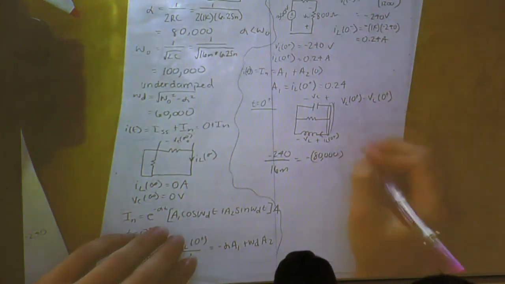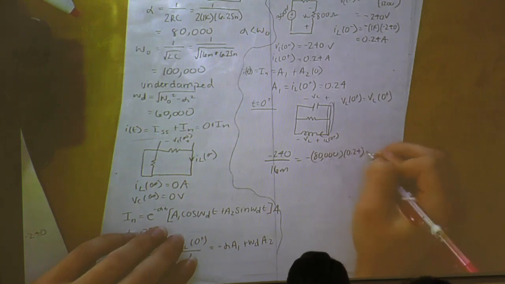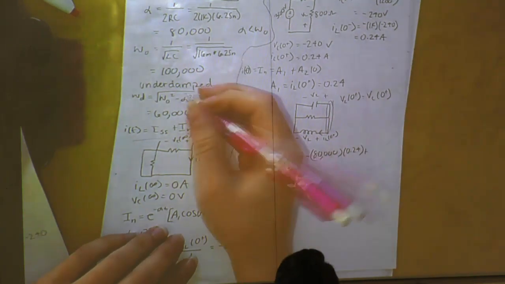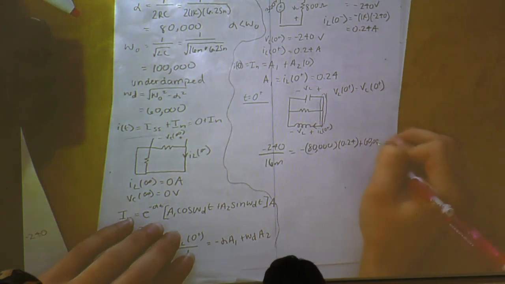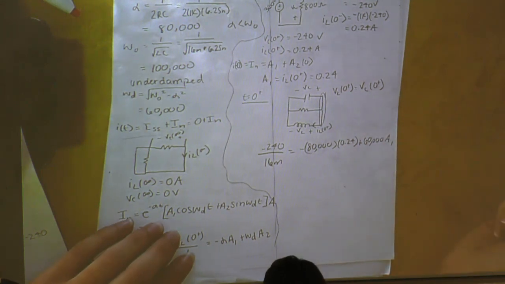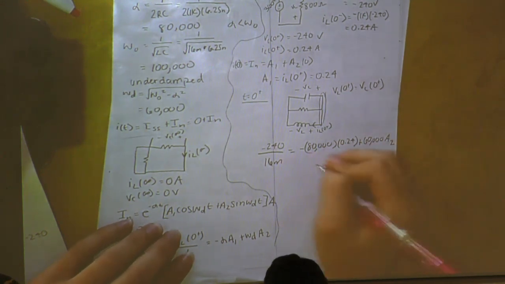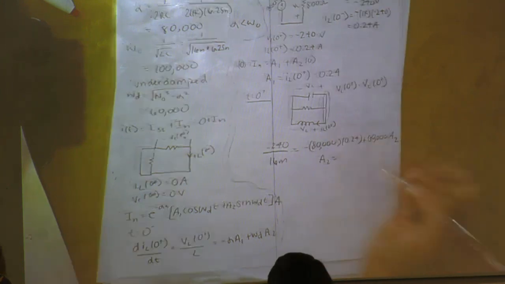Times our A1, we found our A1 was 0.24. Plus our omega D, which was 60,000, A1. I mean A2, my bad. So our A2 should come out to 0.07.